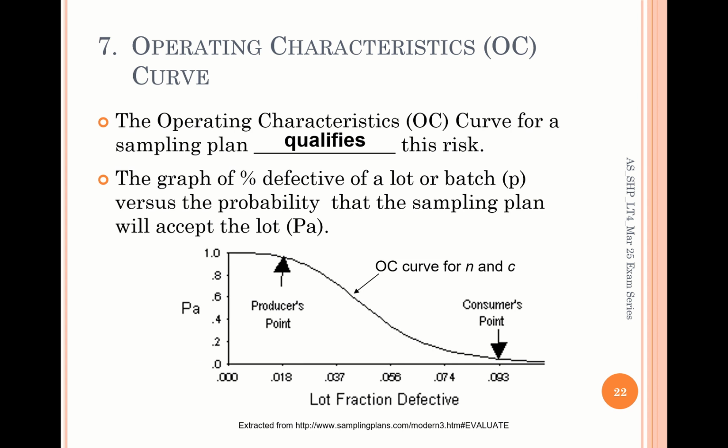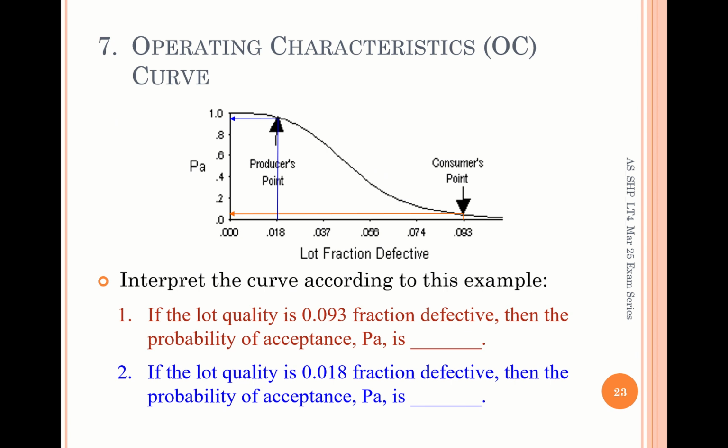By studying this OC curve, the manufacturer can see what the chance is that they will accept a certain amount of defects in their lot. How to find out the probability is very simple, you just extrapolate. For example, the first one here, lot quality defect is 0.093.